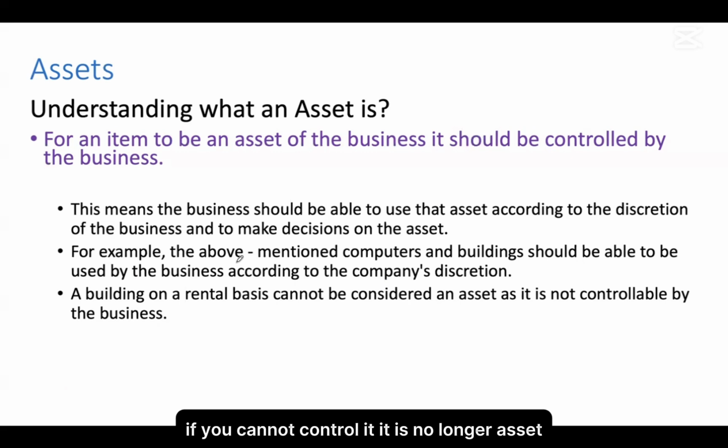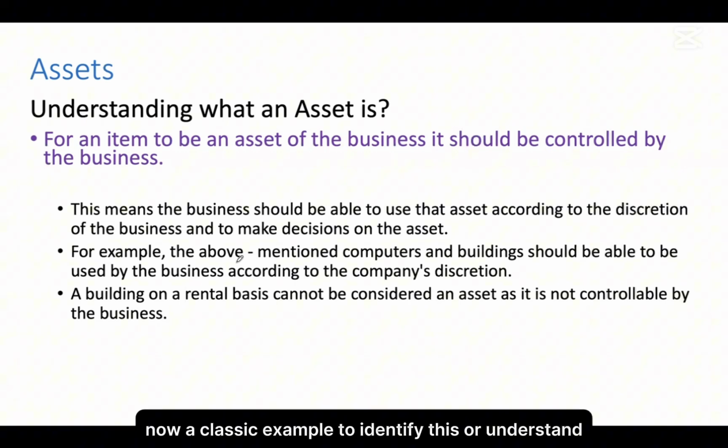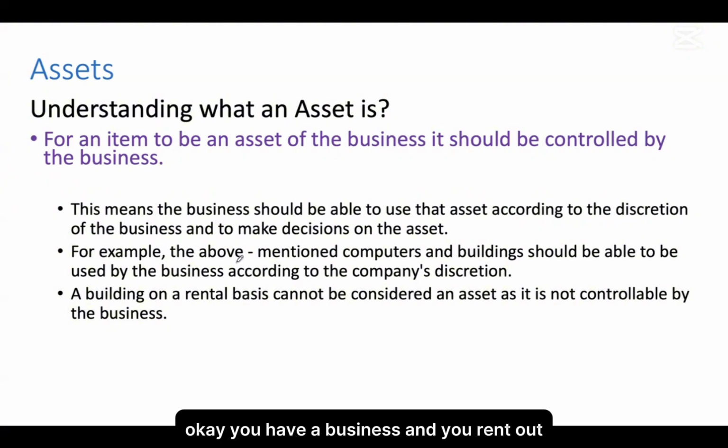If you cannot control it, it is no longer an asset. A classic example is a building. Let's say you have a business and you rent a building. Is it an asset? No, it is not an asset, because it is not controlled by the business.